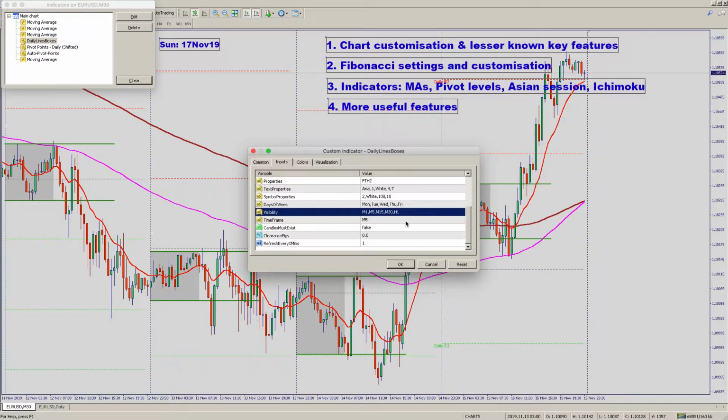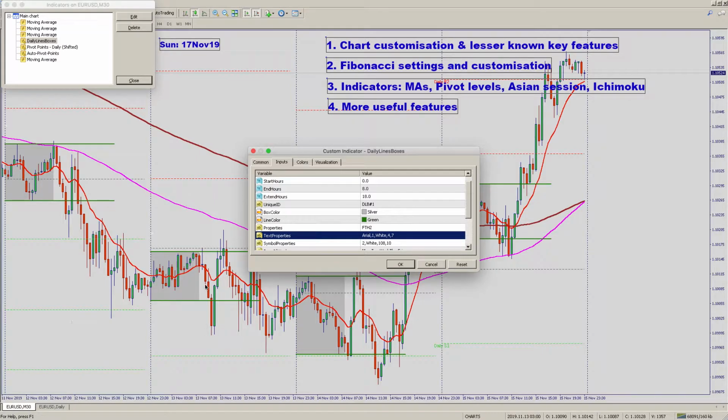Alright, one other change I've made, I'll probably need to show you the default settings when I install this for the first time, but I've already changed these settings here.